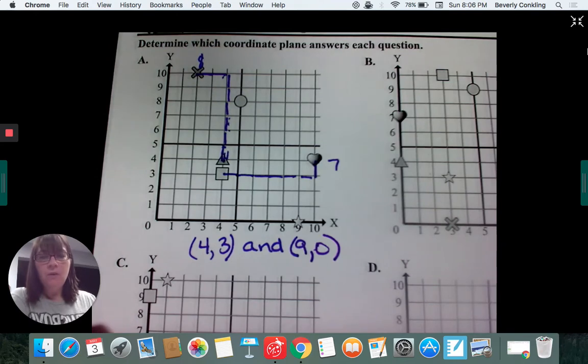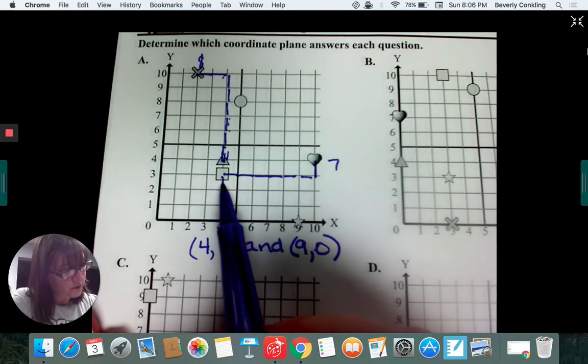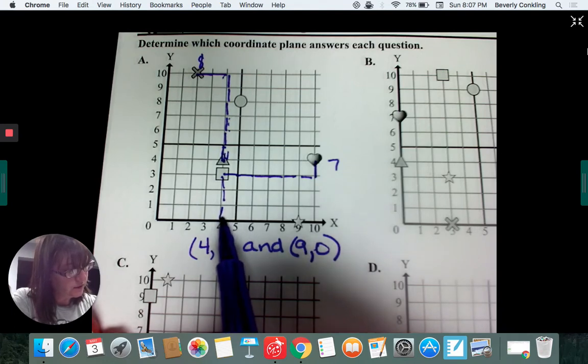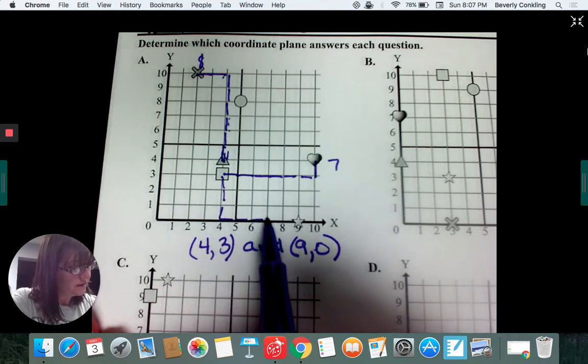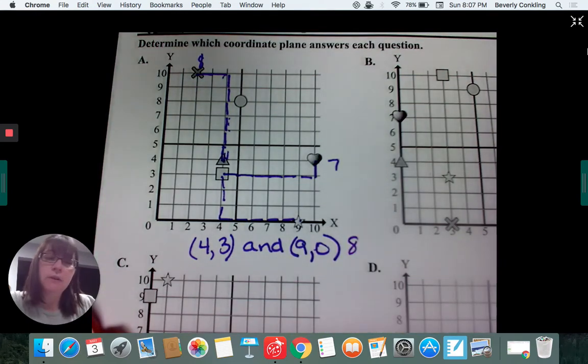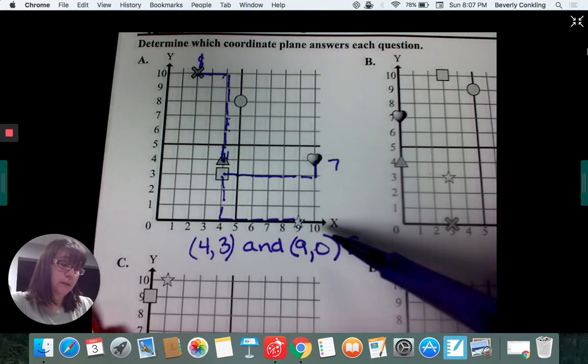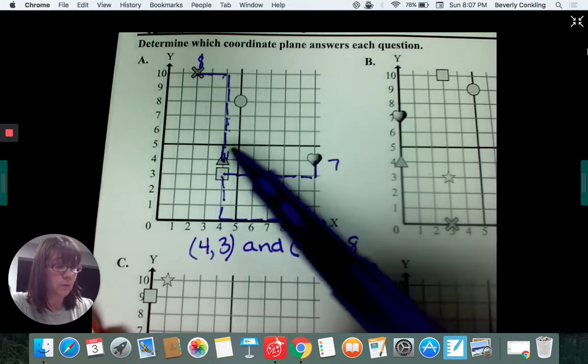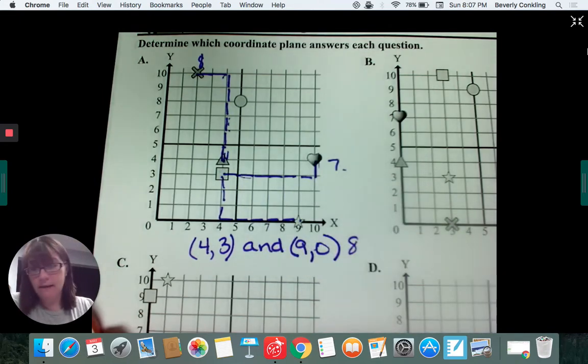Okay, if I wanted to know the distance between those, I would do 1, 2, 3, 4, 5, 6, 7, 8. So this is 8. If I wanted to know the difference between this one and this one, 8 minus 7 would be 1.